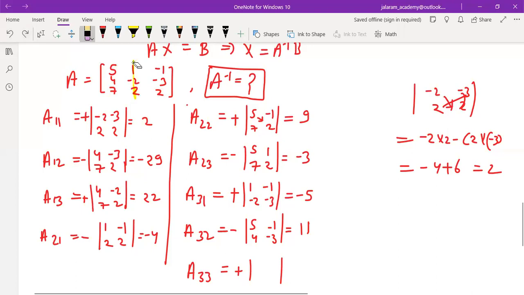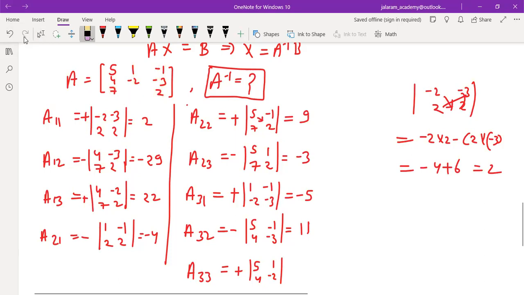Now we have to find only one determinant, which is obtained by deleting third row, third column. So the remaining is 5, 4, 1, minus 2.